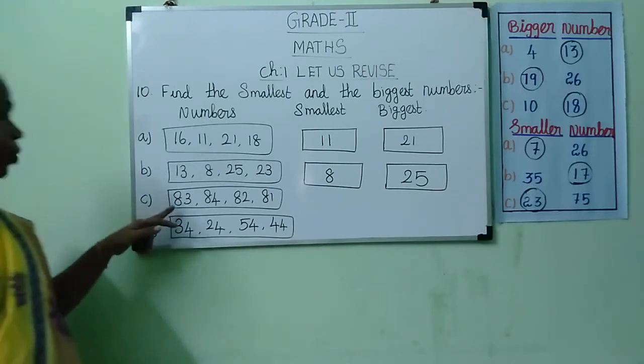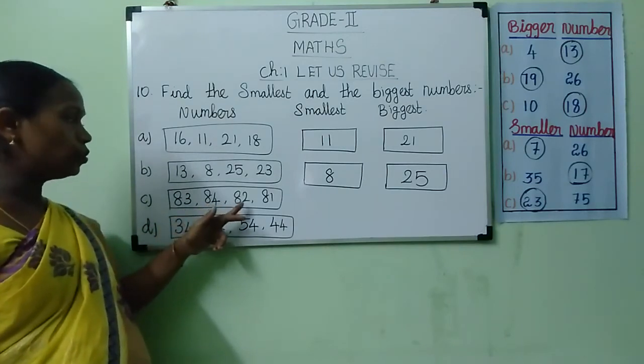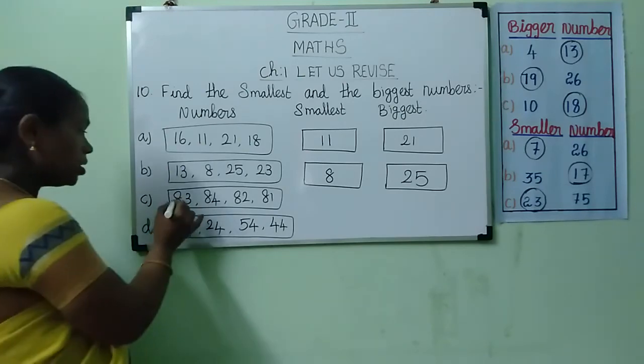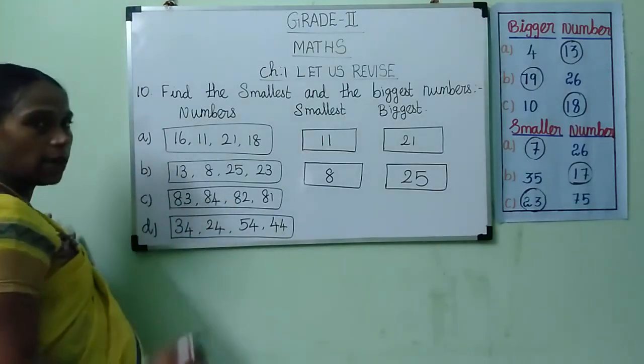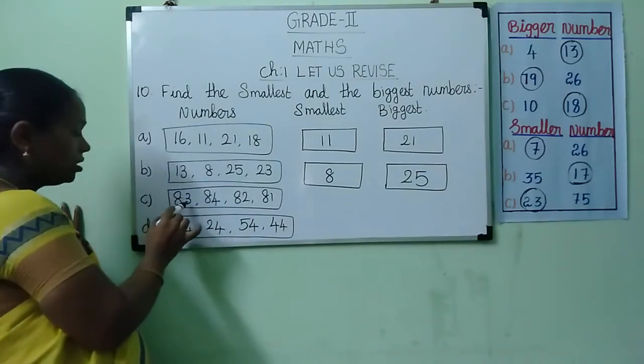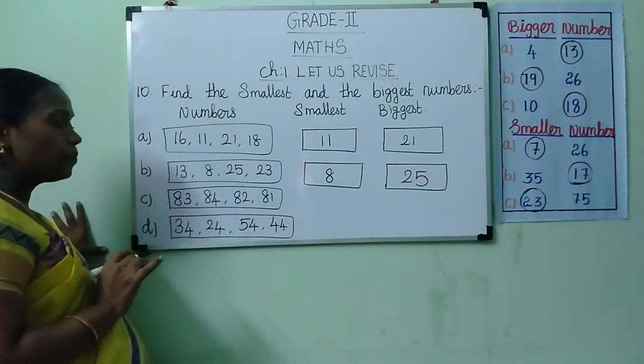Okay. The next one: 83, 84, 82 and 81. Which number is the smallest number? All the tens places have the same number, 8. So you will see the ones place: 3, 4, 2, 1. Which is the smaller number?